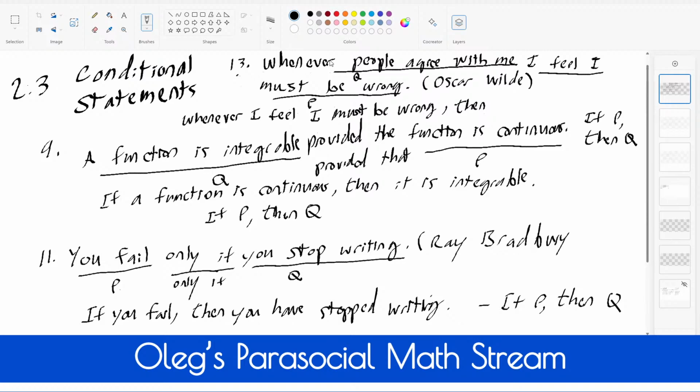So basically, we're using the whenever P, then also Q. But it can be whenever P, then Q. It doesn't matter. It's basically whenever cause, then effect, because the whenever is on the outside and not between them. The cause in this case is I feel I must be wrong. And that's P. Wait a minute here. No. Oh, okay. That's what's confusing me. I didn't correct it up here.